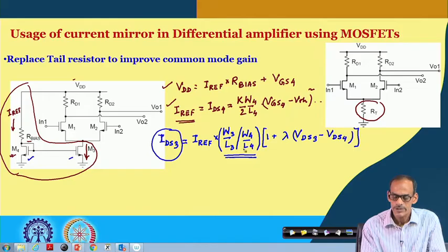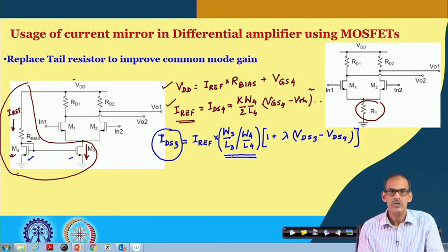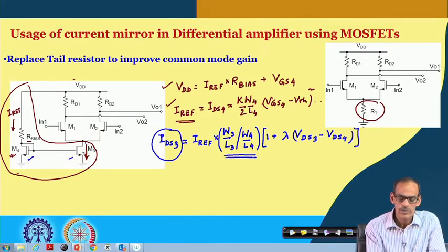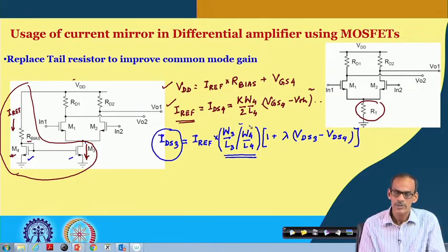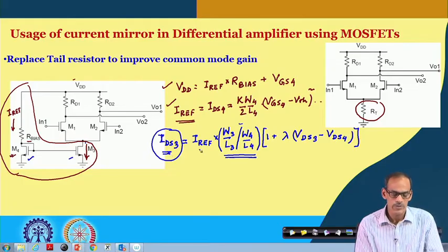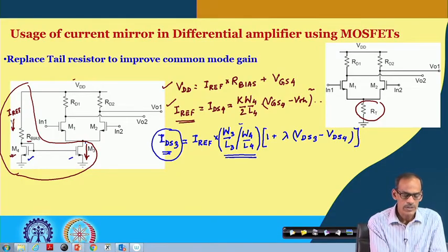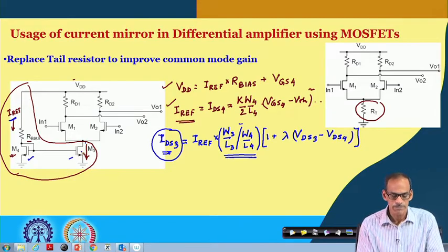If the aspect ratio of transistor 3 and transistor 4 are the same, then this part will be 1, and this current will be I ref. Otherwise, if this ratio has some other value, then we get a value different from I ref, but nevertheless this I reference current defines the tail transistor current.